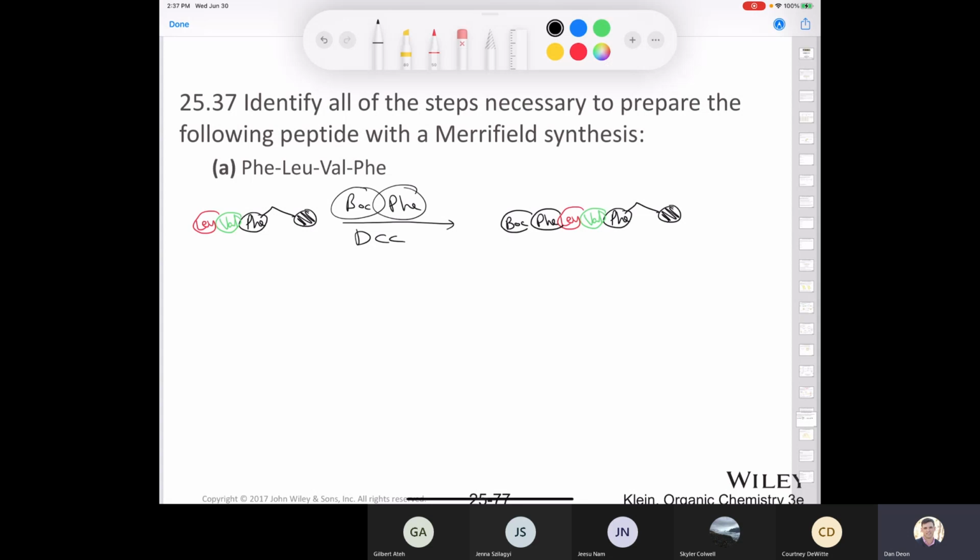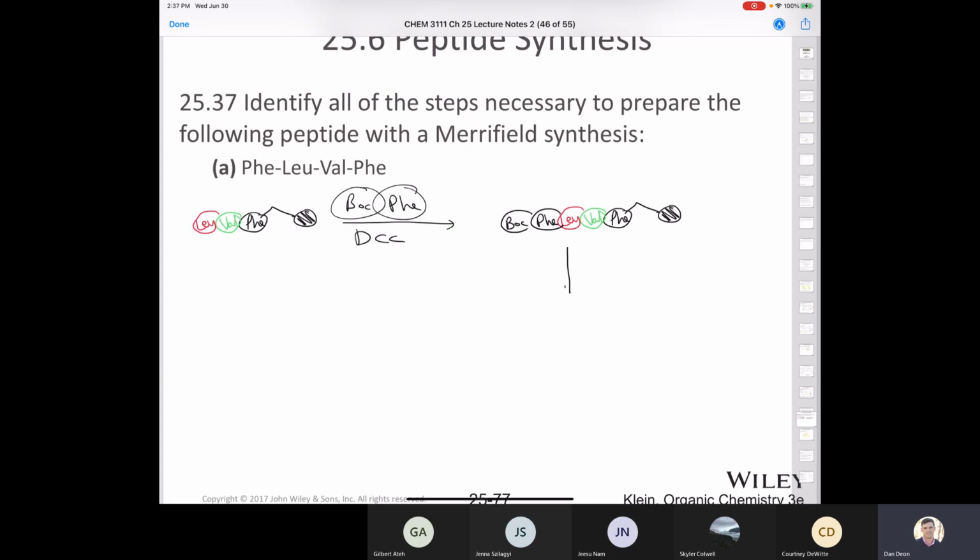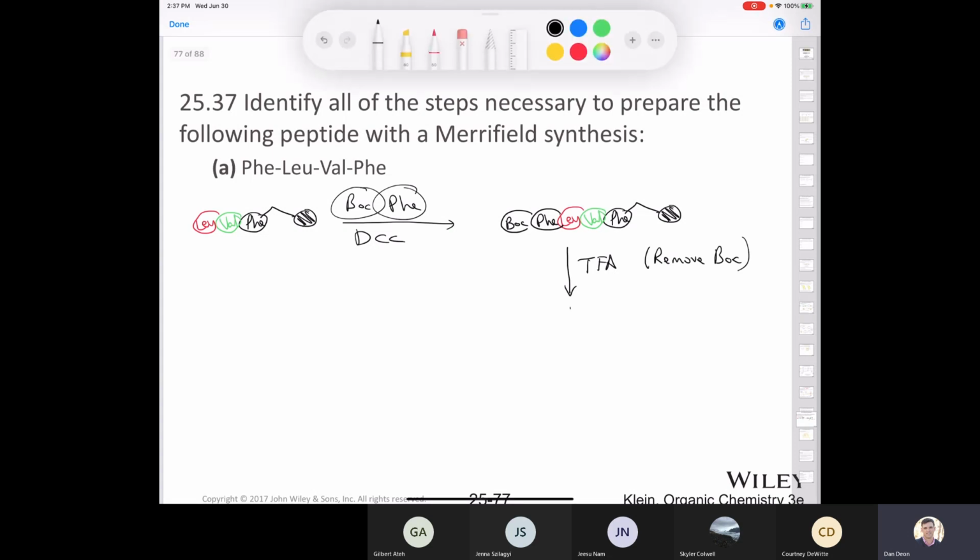And what are the last two steps going to be? First, I'm going to treat it with TFA, right? And that's going to remove the Boc group. And then after that's done, I'm going to treat it with HF. And that's going to remove it from the polymer.